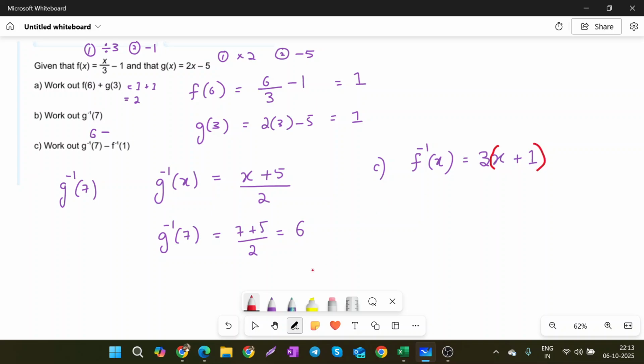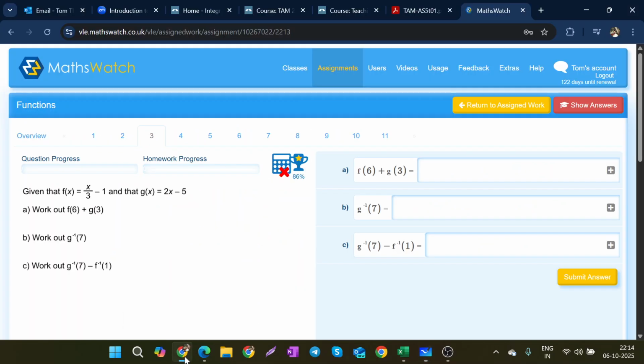So this is 3 lots of (x plus 1), or you could also write this as 3x plus 3. So that's your f inverse of x, which means we could now work out f inverse of 6, which is 3 times 6 plus 3, and then that should be 21. So I think the answer would be 0, because we're getting 6 minus 6, and then that is 0.